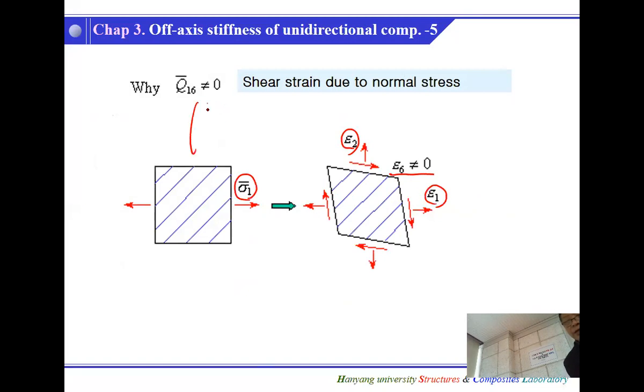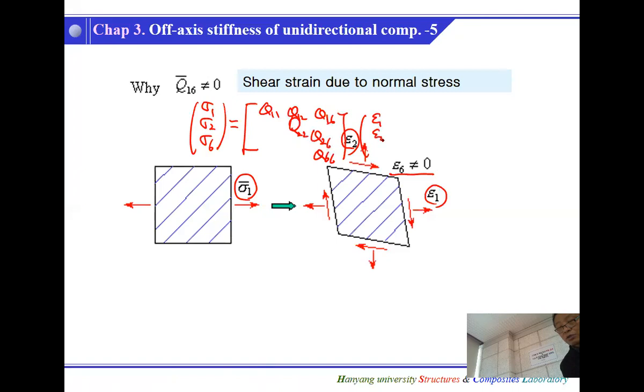So sigma 1, sigma 2, and sigma 6, Q11, Q12, Q16, Q26, Q66, and Q22, and epsilon 1 to 6, okay?